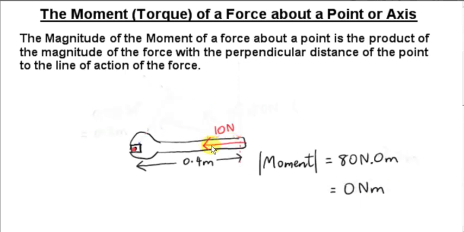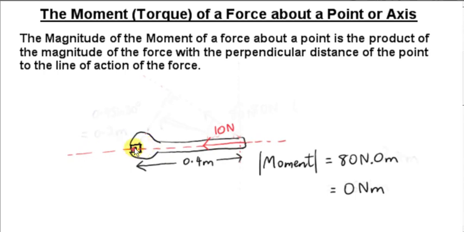Let's take an extreme situation. Here the 10 Newton force is applied in the direction along the arm of the wrench. Now it's no surprise that the turning effect of this force is going to be 0. Look at the line of action of this force. We can see that it actually passes through the point.